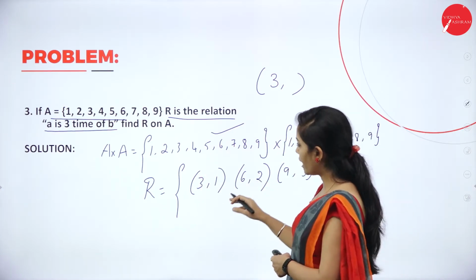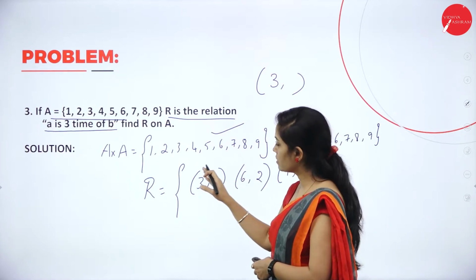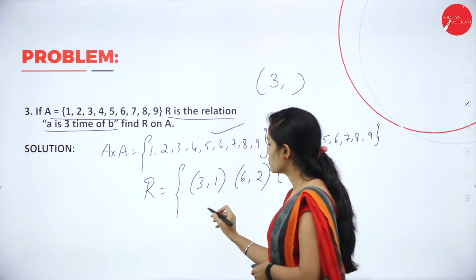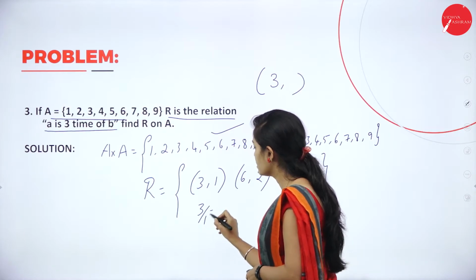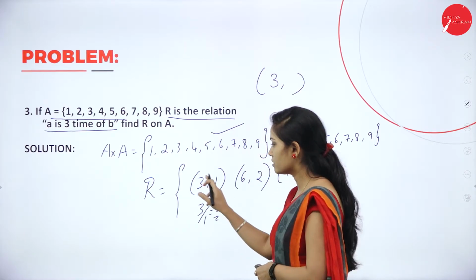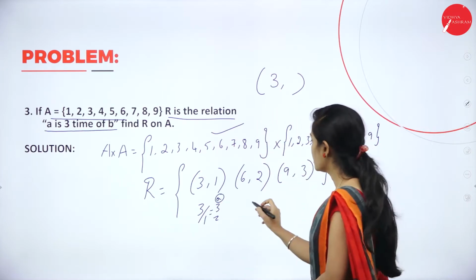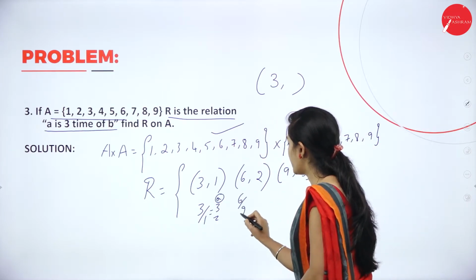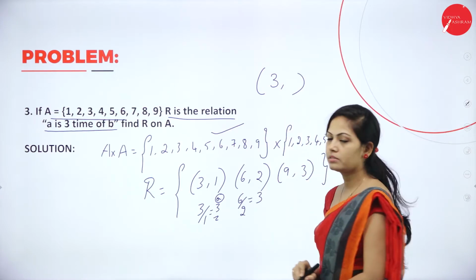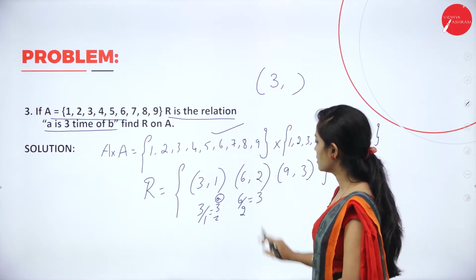So if you divide by B, you will get the A value as 3. So 3 divided by 1, you will get 3 only. So A value is 3. And 6 divided by 2, you will get 3 only. So A value is 3.